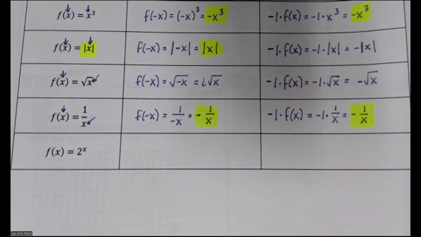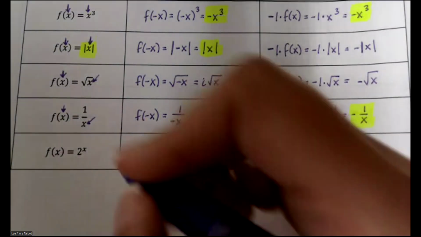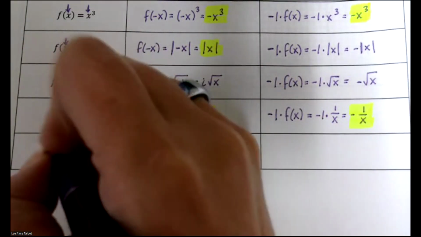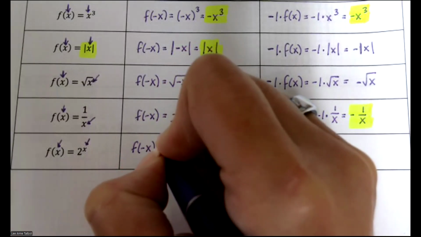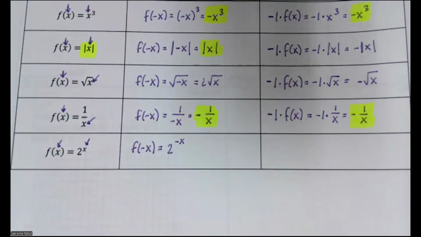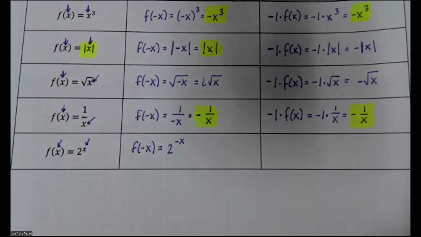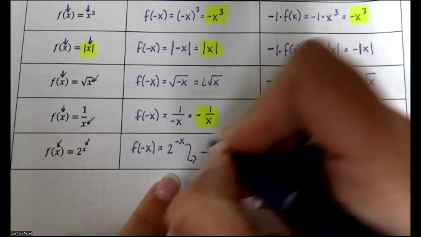Second and third match. Okay. Now this one, I put the negative x in the exponent, and remember, negative exponents go downstairs.